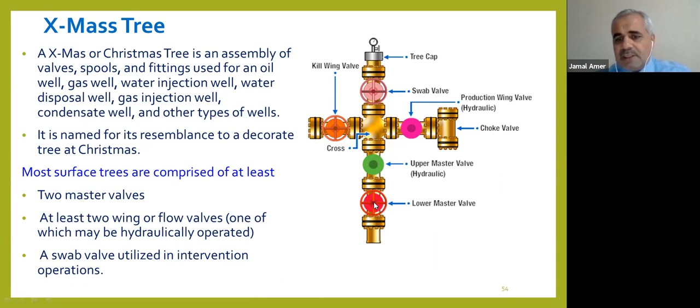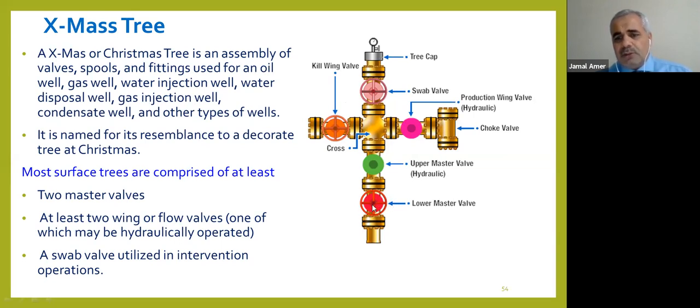Regarding the lower master valve, it is a hand operated master valve and should not be continuously operated. This valve is only operated in emergency cases where all other valves have failed. It is not a routine operation. If we want to do some maintenance on the Christmas tree, such as replacing the choke valve, we should not close the lower master valve.